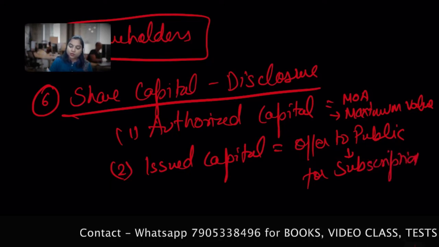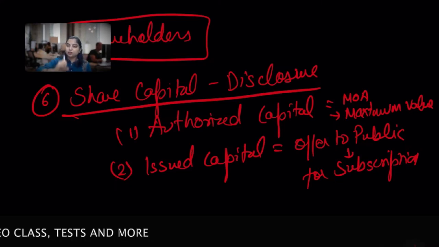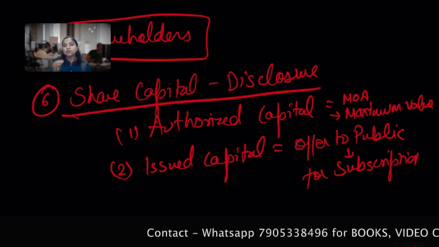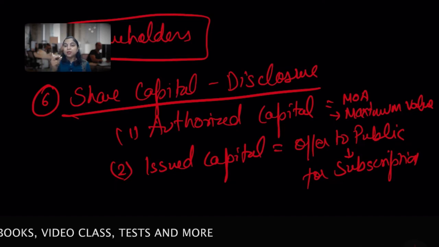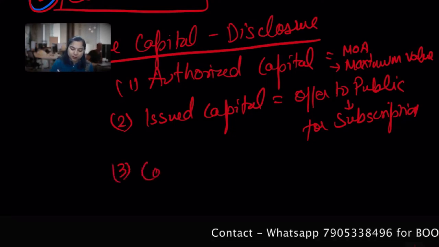So first is authorized, meaning an authority; you have authority for the capital. This is also known as registered capital or nominal capital, the maximum value which is mentioned in the MOA. The issued capital is a part of authorized capital and it is issued to the public for subscription. I want to help you memorize some brief facts here.